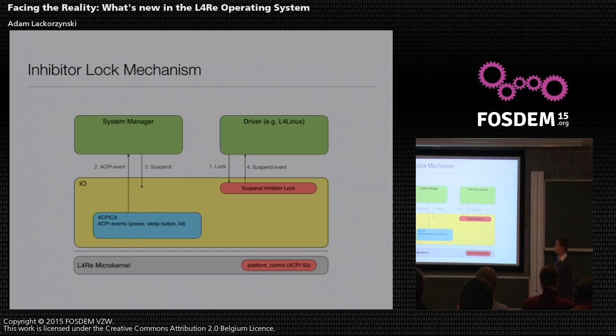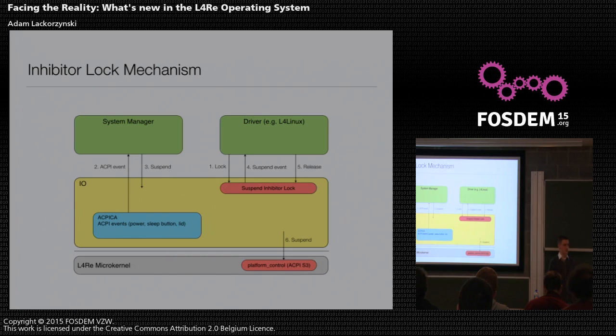So IO will send the suspend event over this inhibitor lock to the clients registered with it. The client has to say, okay, I release this lock because my transaction is done, or I've just canceled the transaction, and signals to the system that it is now safe to go to suspend mode. If that's the case, then IO tells the platform control object it's safe to suspend.